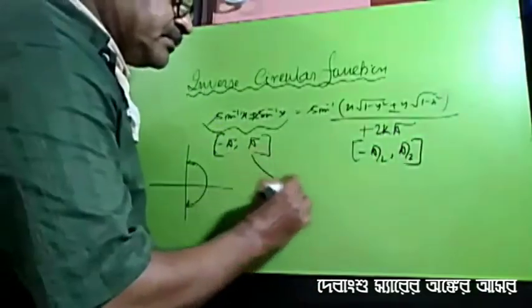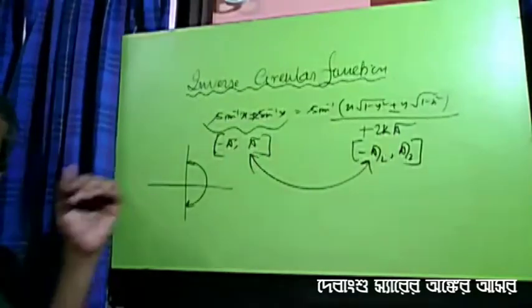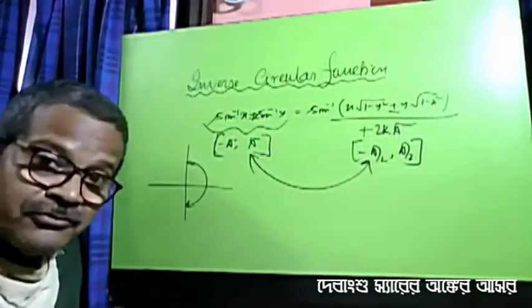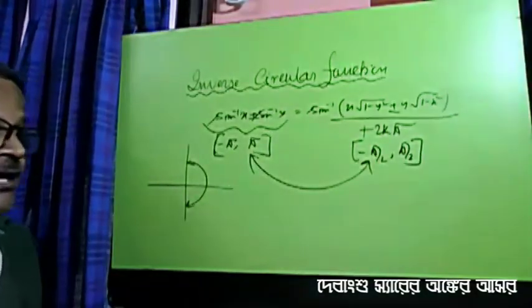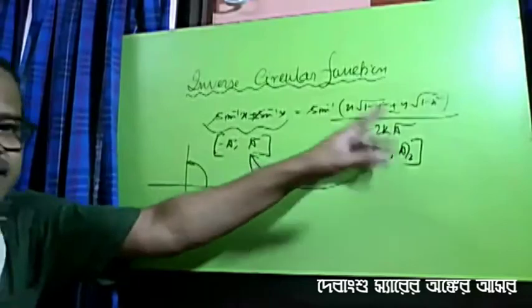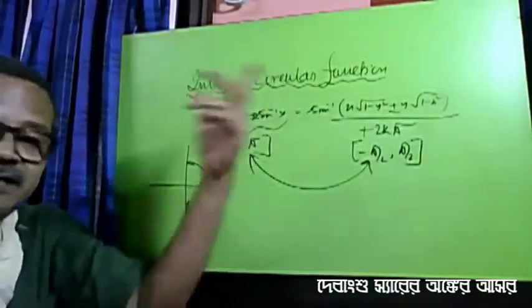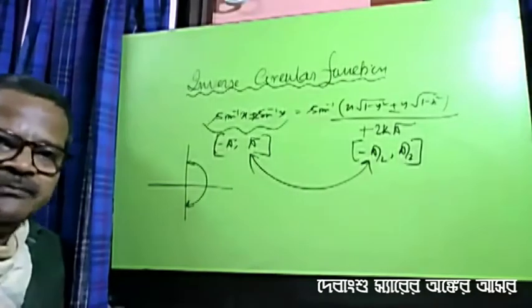So they have a domain mismatch. So we have to match the domain. To match the domain, we have an adjustment. This part is very important. This part is not written in any book.